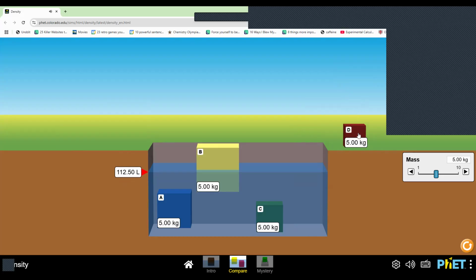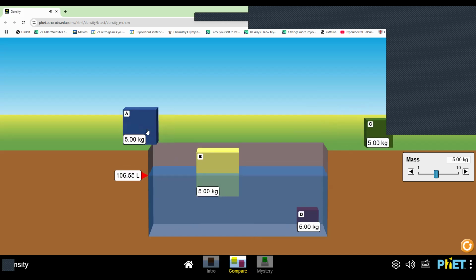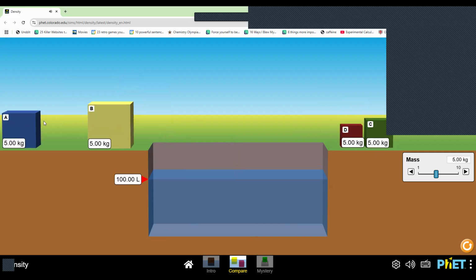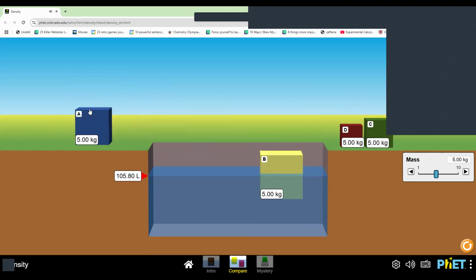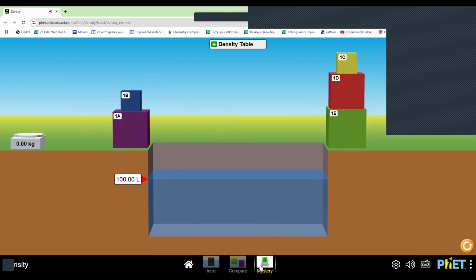Absolutely, 1.25. So all of these objects vary a little bit in terms of their density, and that makes sense because their volumes differ. The drawing of these different objects is very similar to what the visual is.